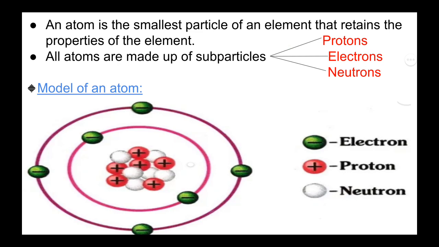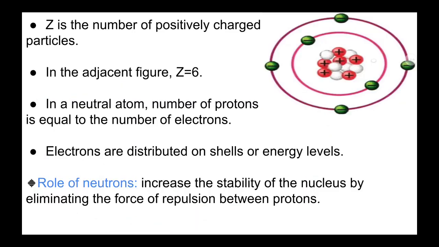As we take a look at the model of an atom, we can see protons and neutrons inside the nucleus, where electrons move in orbits or shells around the nucleus. So, protons and neutrons are found inside the nucleus, while electrons move around the nucleus.